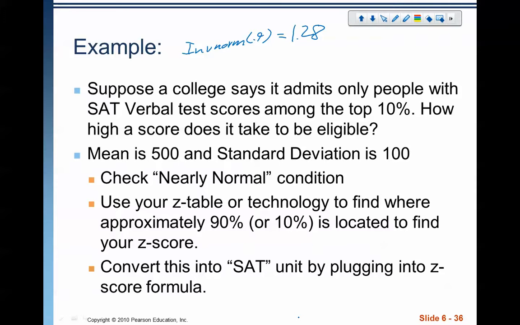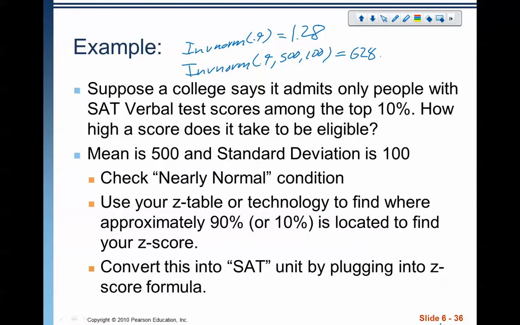Now, what I saw most of you do, though, was with your inverse norm, you said 0.9, 500, 100, because that's the mean and the standard deviation of this particular data set. If you do that, you end up with 628 point something. So what's that 628?